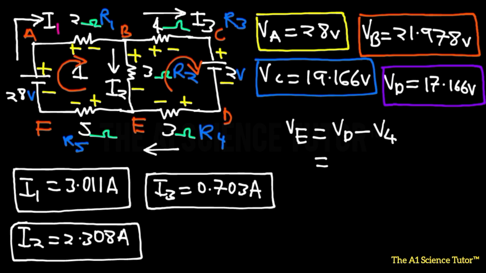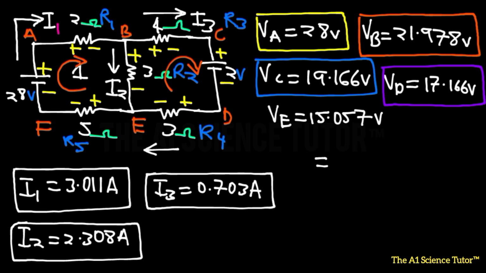Now I3 is 0.703 rather. That will be multiplied by R4, which is 3 in this case. And so that's equal to 15.057. So VE is equal to 15.057. Am I correct with that? Yeah.